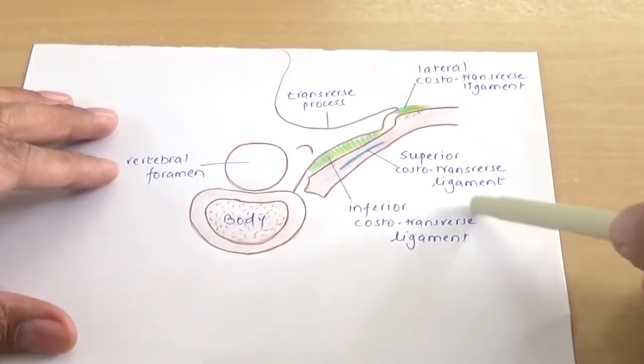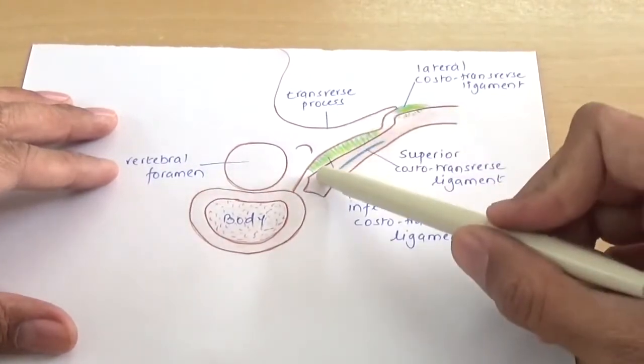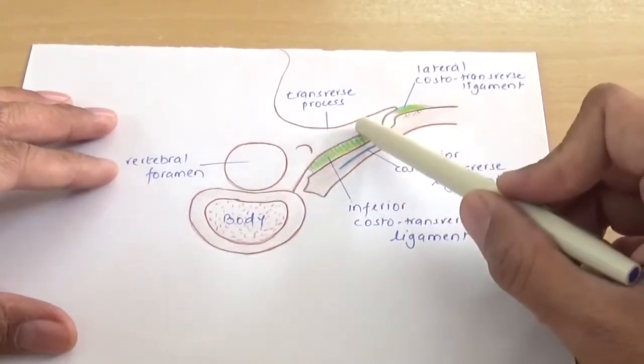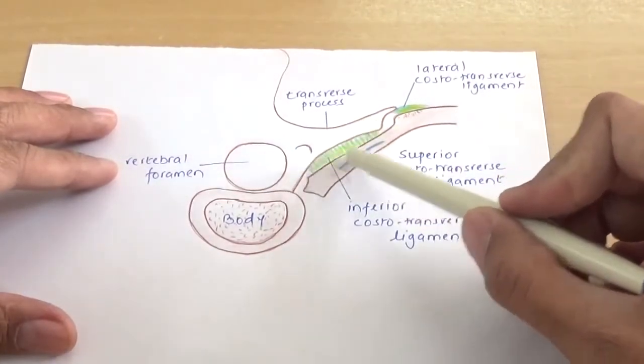Now next is the inferior costotransverse ligament, which is attached between the posterior aspect of the neck of the rib and the anterior aspect of the transverse process over here.